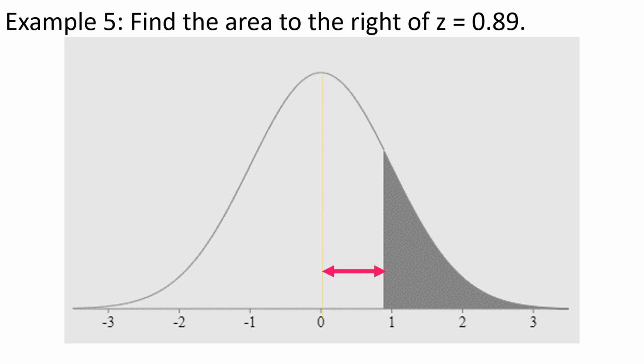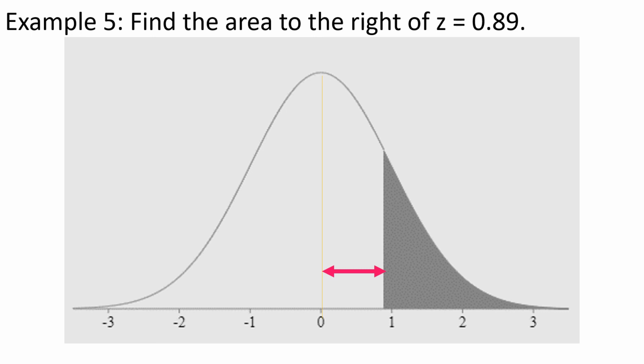Okay, let's proceed. So that means if we are going to find the area of this region, we cannot find that directly from the z table, because the z table gives us the area from 0 to a certain number to its right. So the strategy that we will use is to solve for the area of this region first, the unshaded region, from 0 up to 0.89.